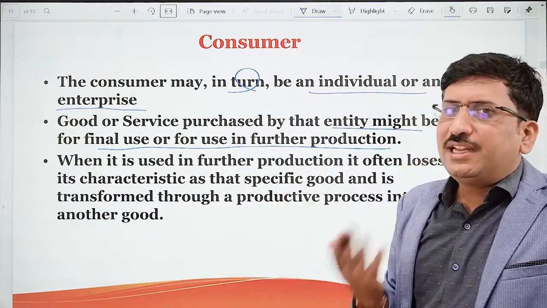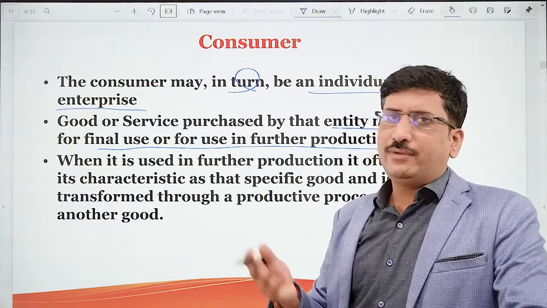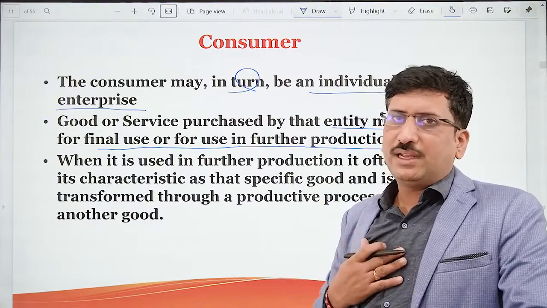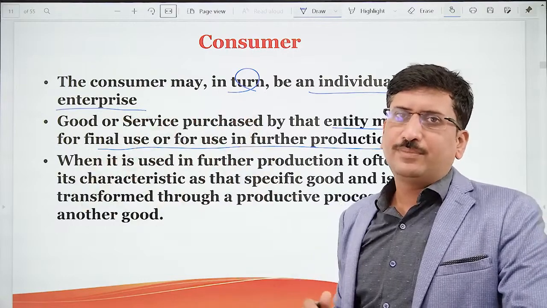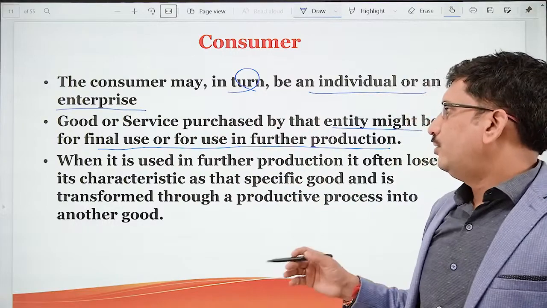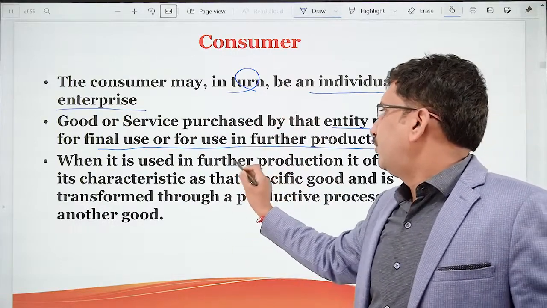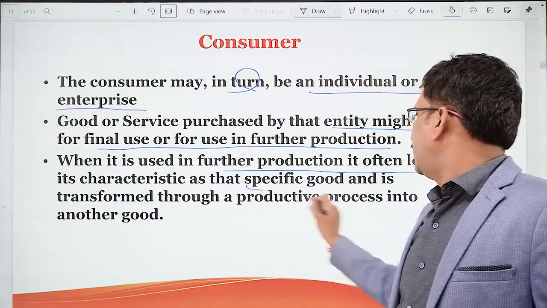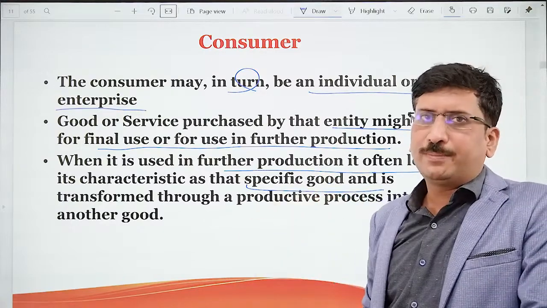If I am a tea shop owner, I will purchase the same tea powder, but I am not using it for final consumption. I will prepare tea and sell tea to the market, right? So that is what they are saying. When it is used in further production, it often loses its character as the specific good, because now tea powder is no more tea powder.